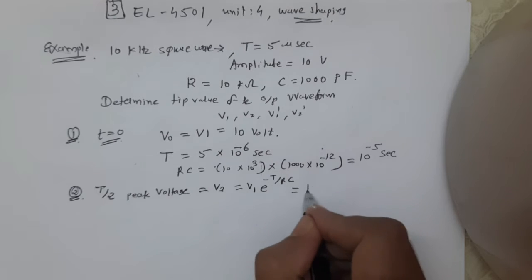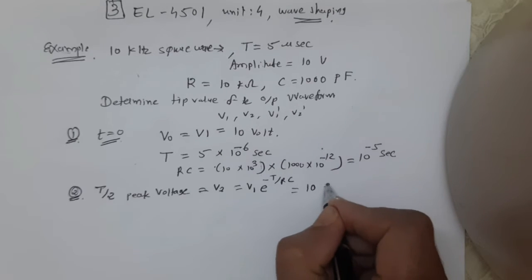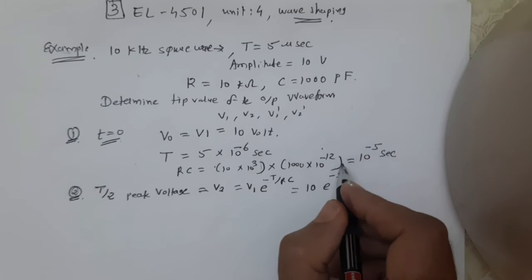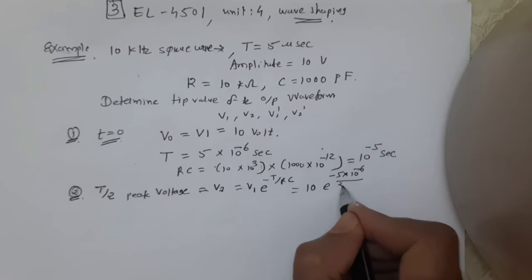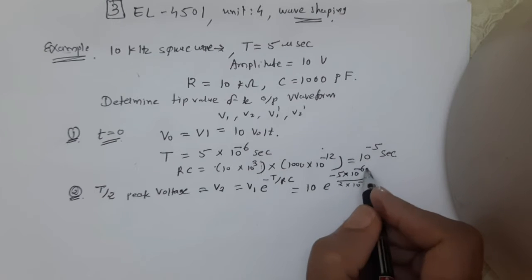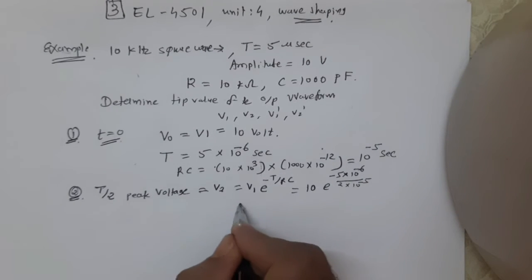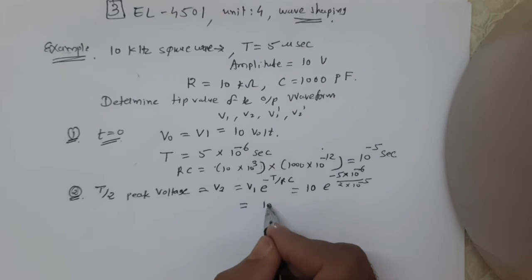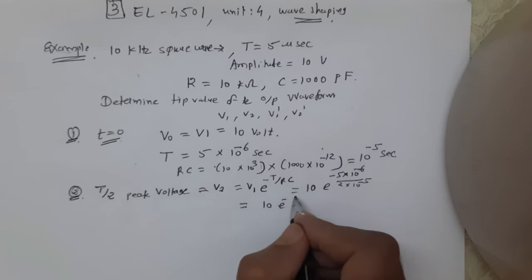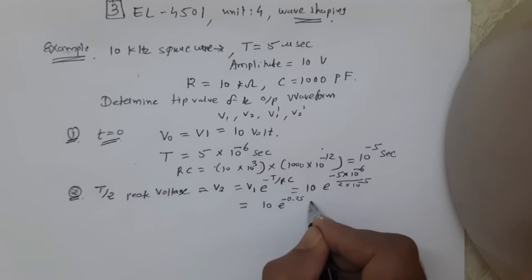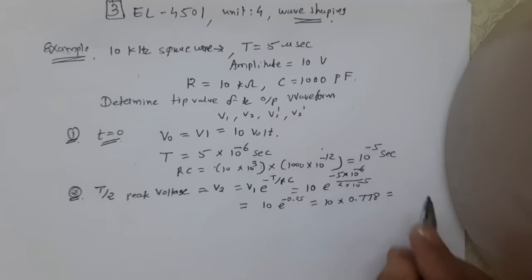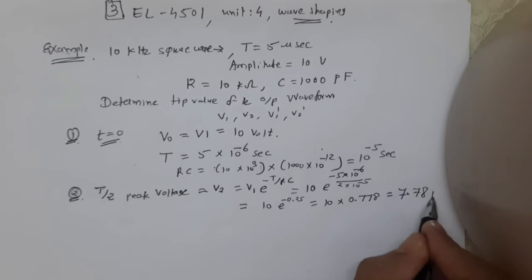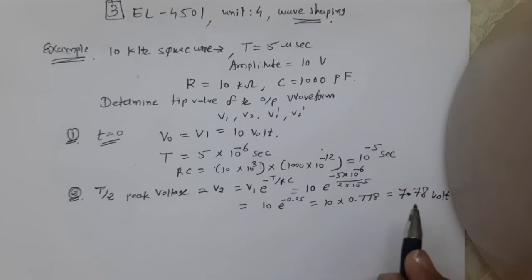This is equal to 10 e raised to minus 5 into 10 raised to minus 6 divided by 2 into 10 raised to 2 into 10 raised to minus 5, and this is equal to 10 e raised to minus 0.25, which is equal to 10 into 0.778, equal to 7.78 volt. In this way we find V2.